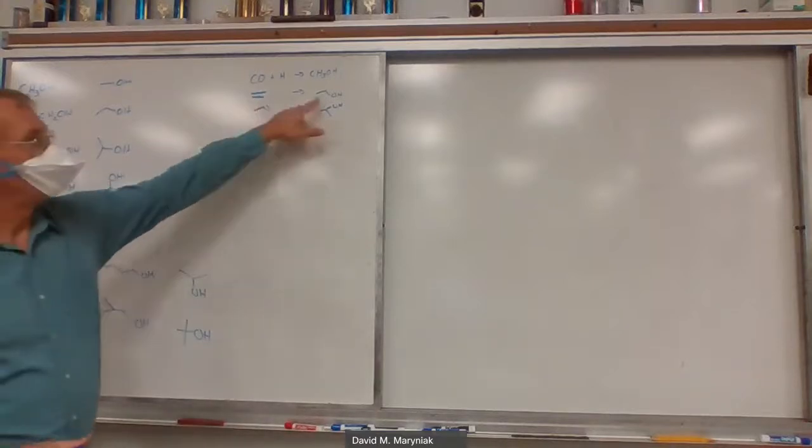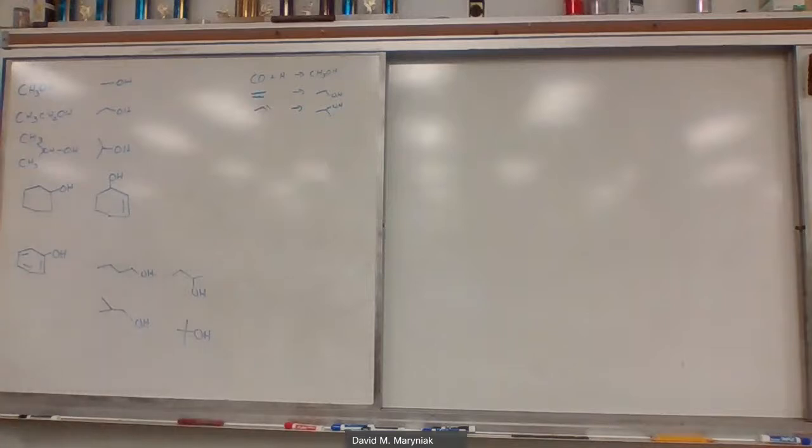And what reaction would you do to make it into ethanol? That's the classic hydration of an alkene. In hydration, what do you add to the two carbons? H and OH. And Markovnikov says what?